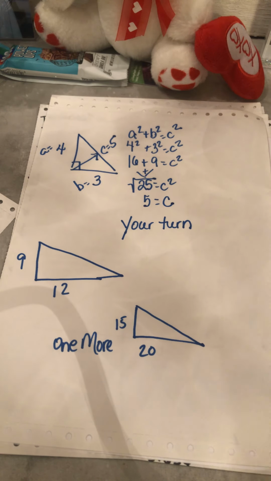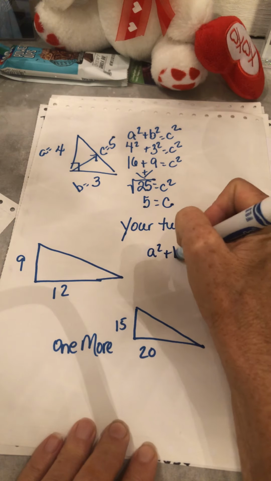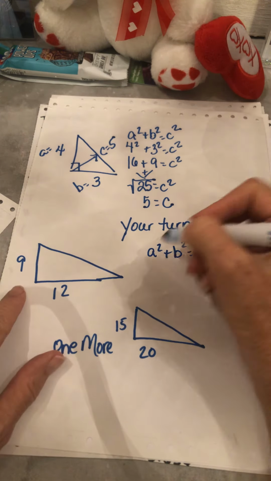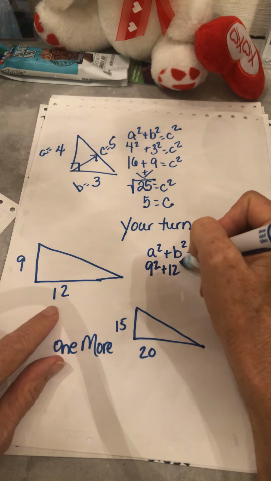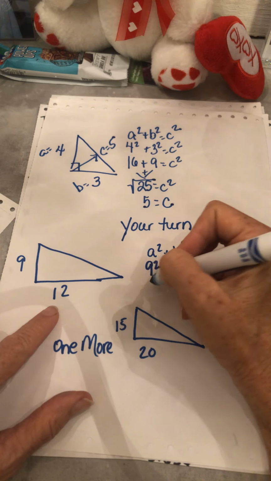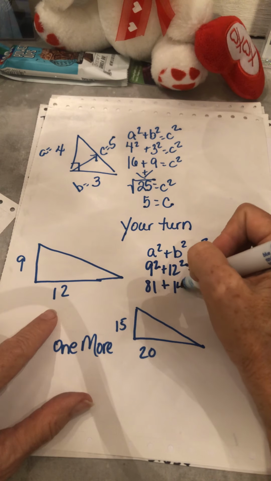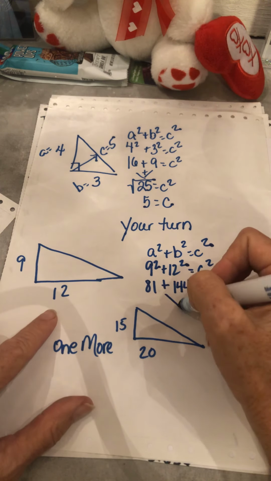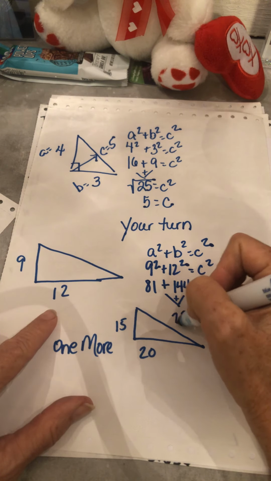Okay, hopefully you took advantage of pausing, and you have already written this out, and you've got a squared plus b squared equals c squared. You've got 9 squared here, 12 squared here, and we don't know c. 9 squared is 81, 12 squared is 144, and when I add these two up, I get 225.